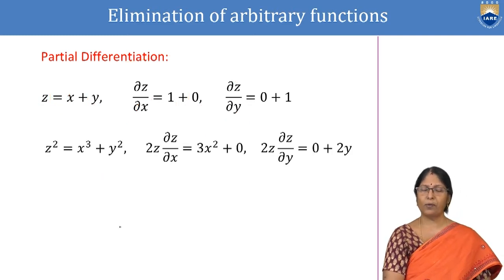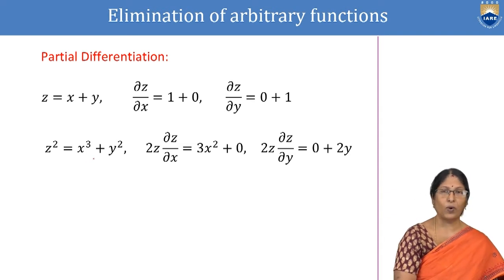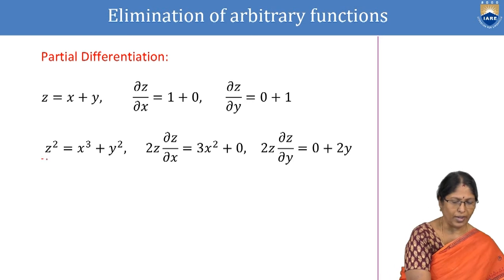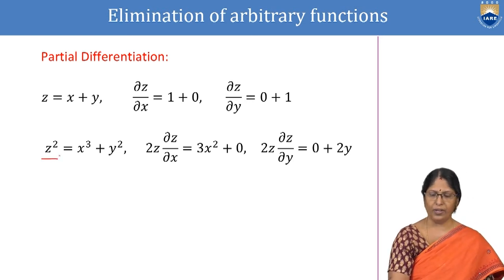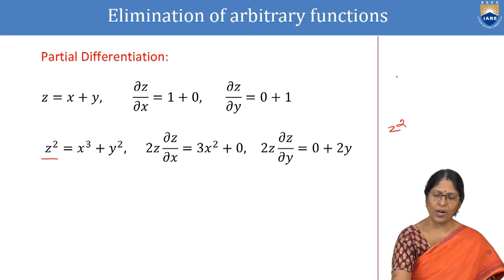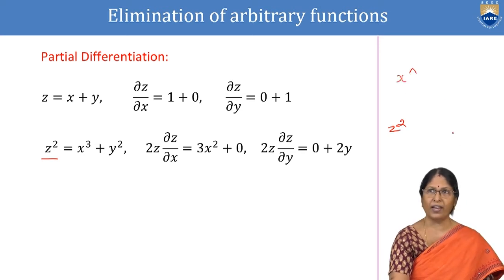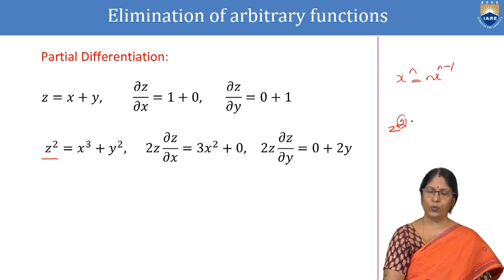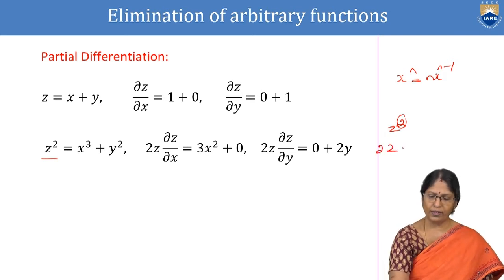The next example is z² equals x³ plus y². The left side is z². The formula is: the derivative of x to the power n is n x to the power n minus 1. Here n is 2, so 2z to the power 2 minus 1.